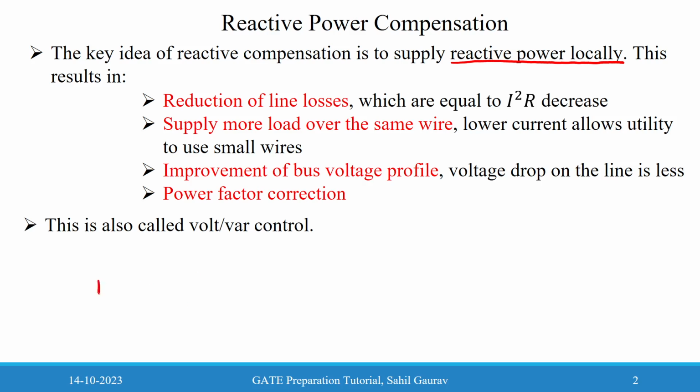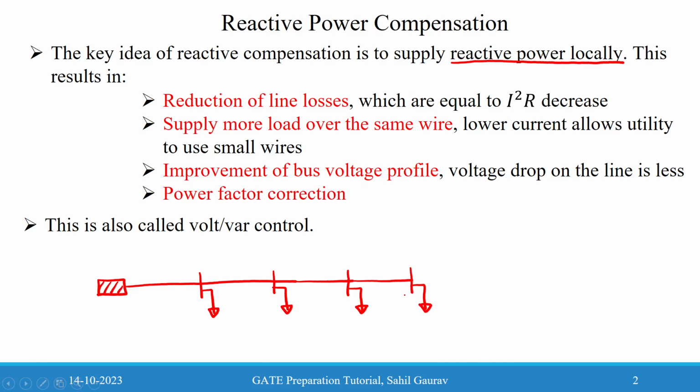So what we see is that suppose we are having a distribution substation, and these are the radial feeders, and these are distribution loads that require both active and reactive power.